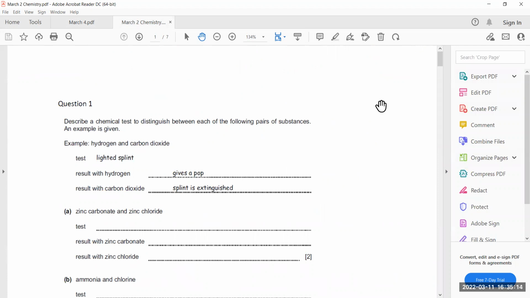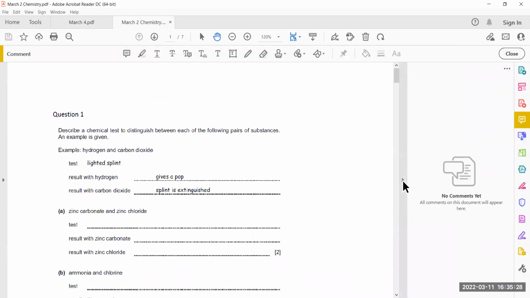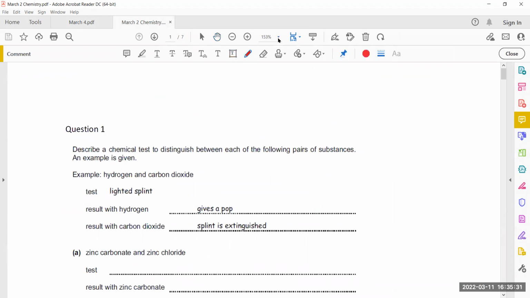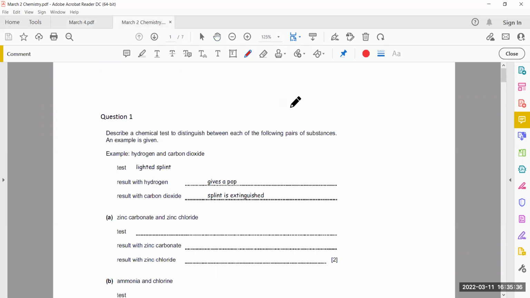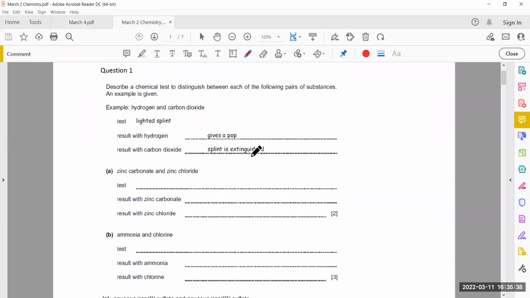All right. So let's look at this. What's the difference between hydrogen gas and carbon dioxide gas? You can test with a light splint or a burning splint.